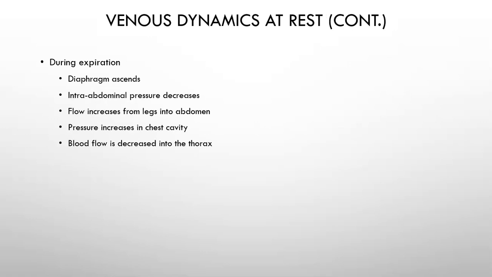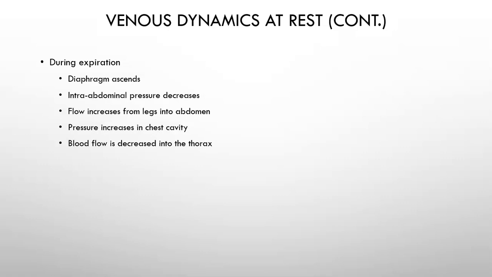During expiration, the diaphragm goes up, it ascends. The intra-abdominal pressure decreases, so flow then can move from the legs into the abdomen, and the pressure increases in the chest cavity, and blood is decreased in the thorax, air is exhaled, and that is phasic flow of blood.